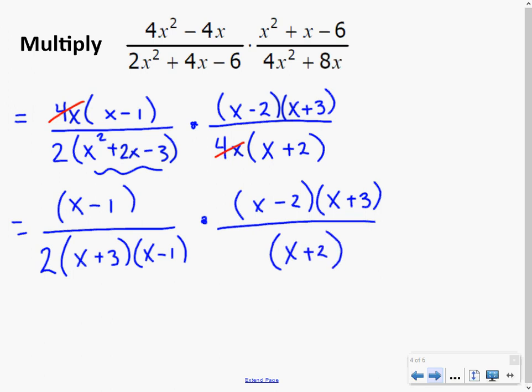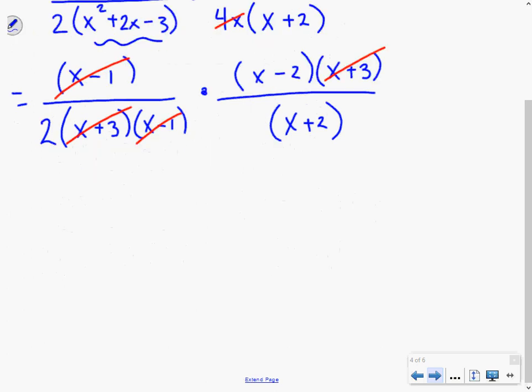Because I have an x plus 3 in the numerator and denominator. I have an x minus 1 in the numerator and denominator. So we're canceling out all those common factors, and we're going to be left with x minus 2 over 2 times x plus 2.